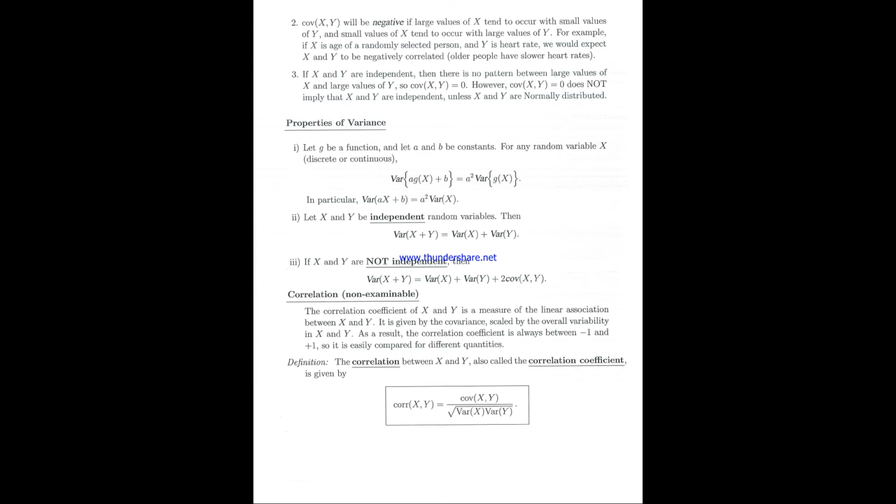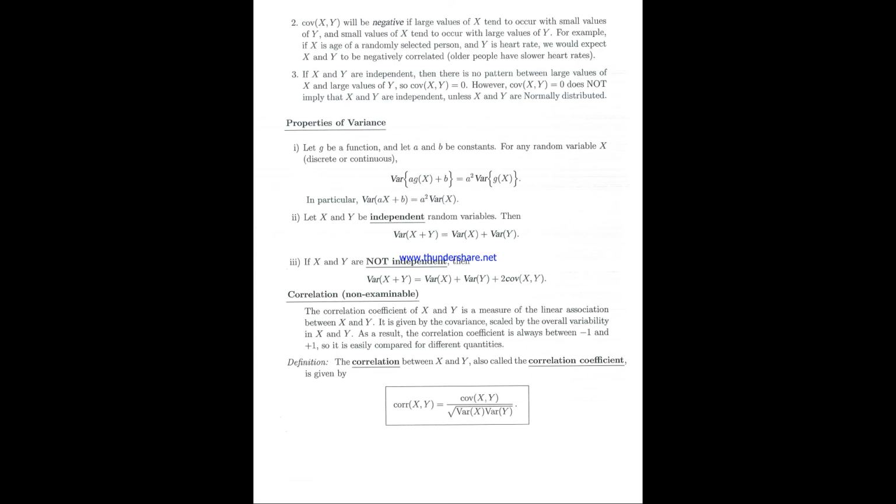If you take any two independent random variables x and y, and there is no pattern between large values or smaller values, then you can write that the covariance between x and y is equal to 0. This is a very important result. What you have to remember is, if x and y are independent, then the covariance of x and y is equal to 0.